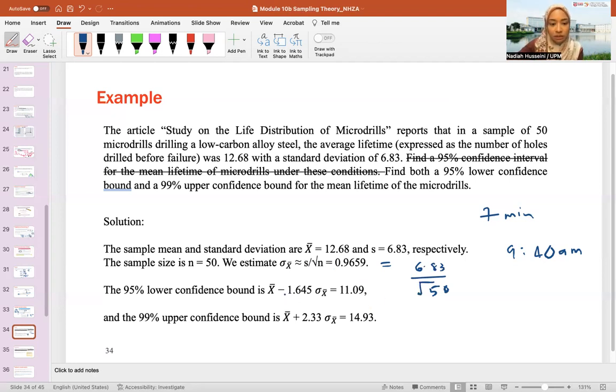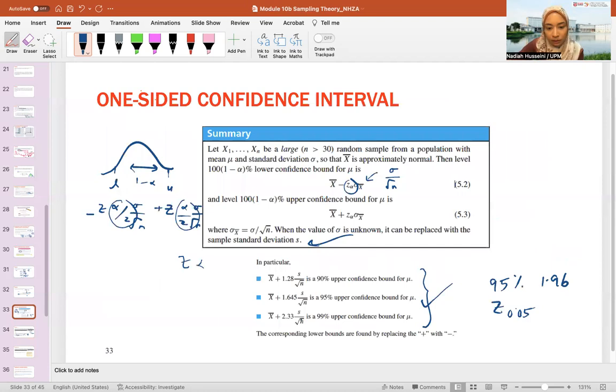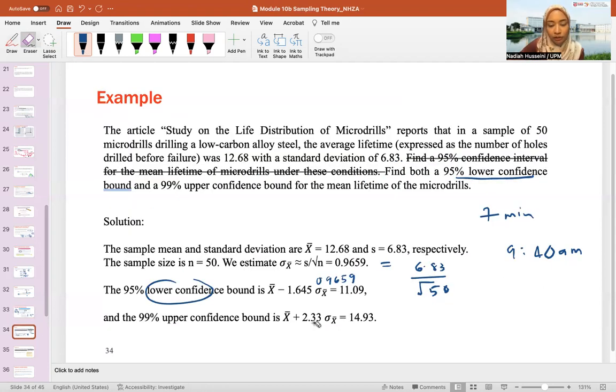If you are trying to find the 95% lower confidence bound, that would be the sample mean minus 1.645 times the standard deviation of the sample mean, 0.9659. For the upper confidence bound, you would add to the sample mean. For 99%, it is 2.33 times the standard deviation of the sample mean, 0.9659. When specifying upper or lower confidence bound, for lower, it is a minus.